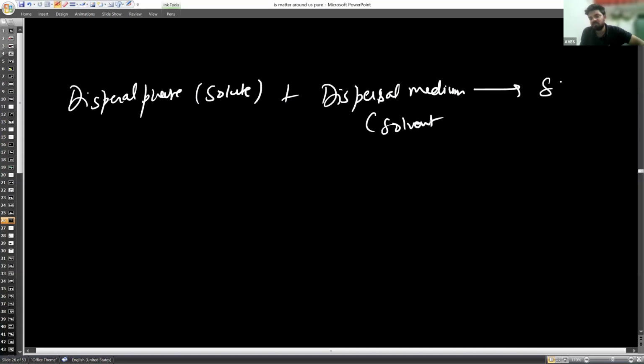When they mix together, they form a solution. For example, if you have gas and liquid dissolved in gas.